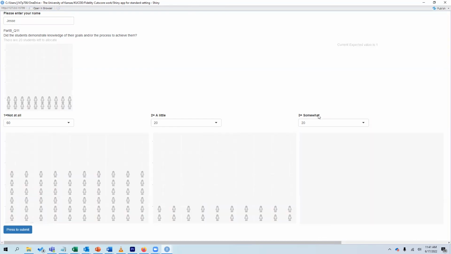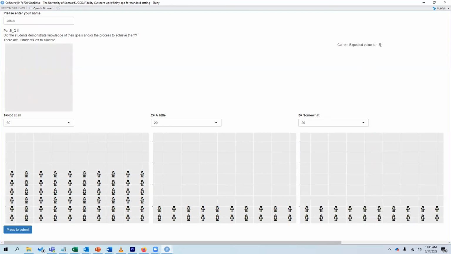It's still closer to 1 than to 3, but because there's some weight given to 2s and 3s, the expected value is about 1.6. What this means is that if I took 100 minimally proficient implementers and gave them all this item, the average response across those 100 implementers would be a 1.6.